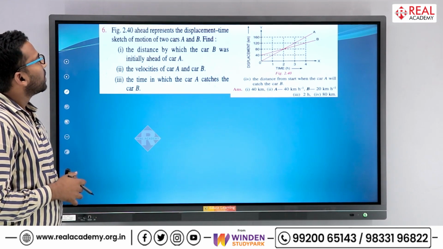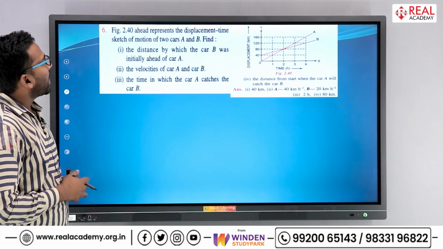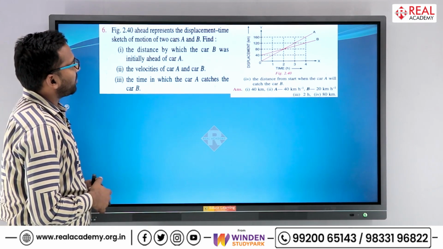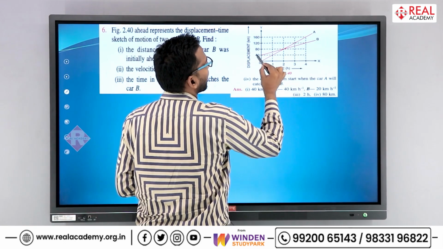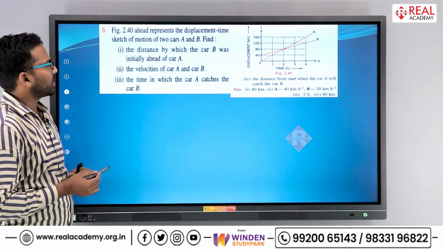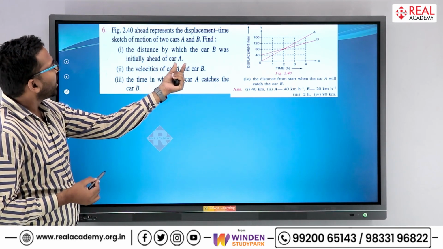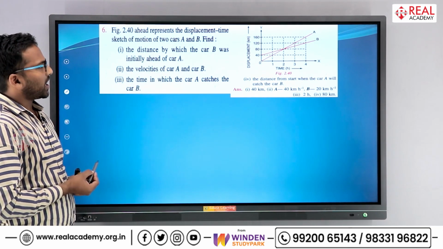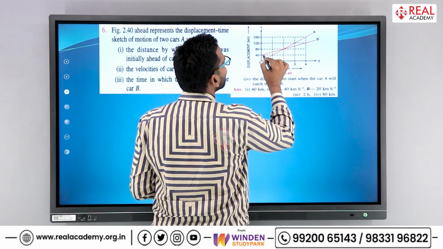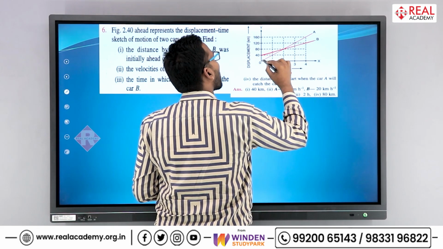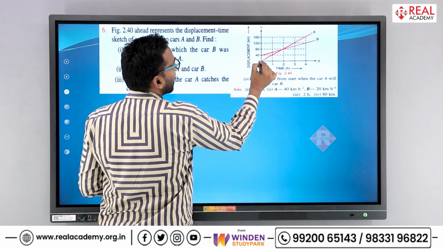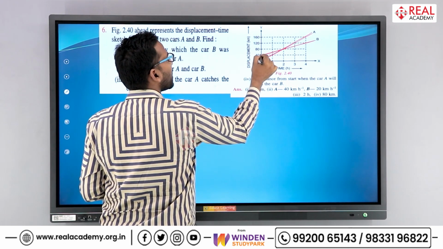Next. Figure 2.40 represents the displacement time sketch of the motion of two cars A and B. This is car A and this is car B. And they are asking the following things. First question. The distance by which car B was initially ahead of car A. Initially car A was behind and car B was ahead.